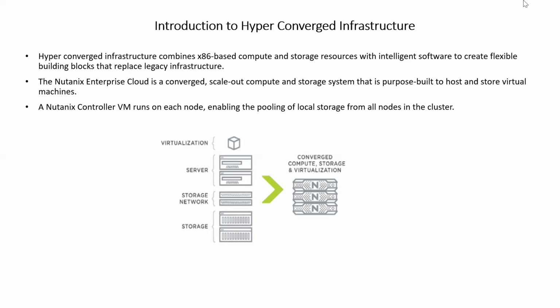So we have the host from HP or Cisco, the storage from one vendor, and the hypervisor and networking from a different vendor, and we integrate all those things to create a three-tier architecture.